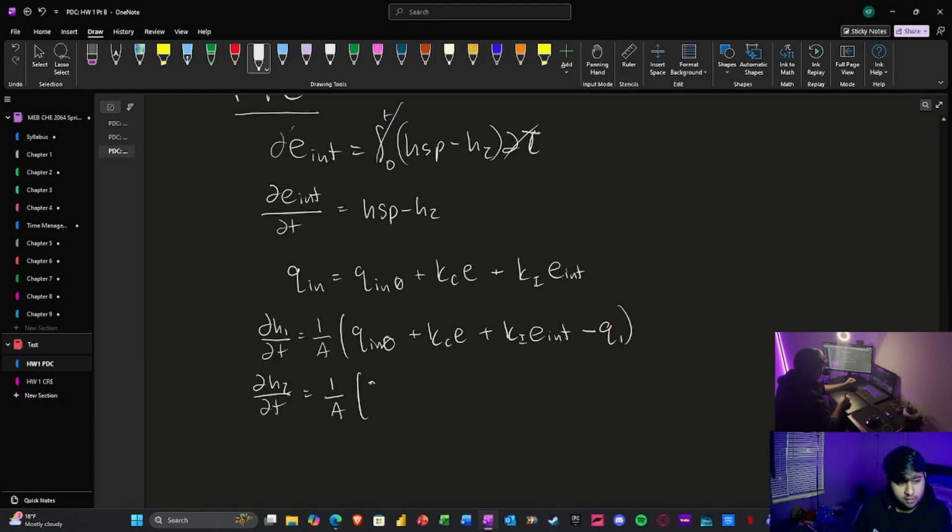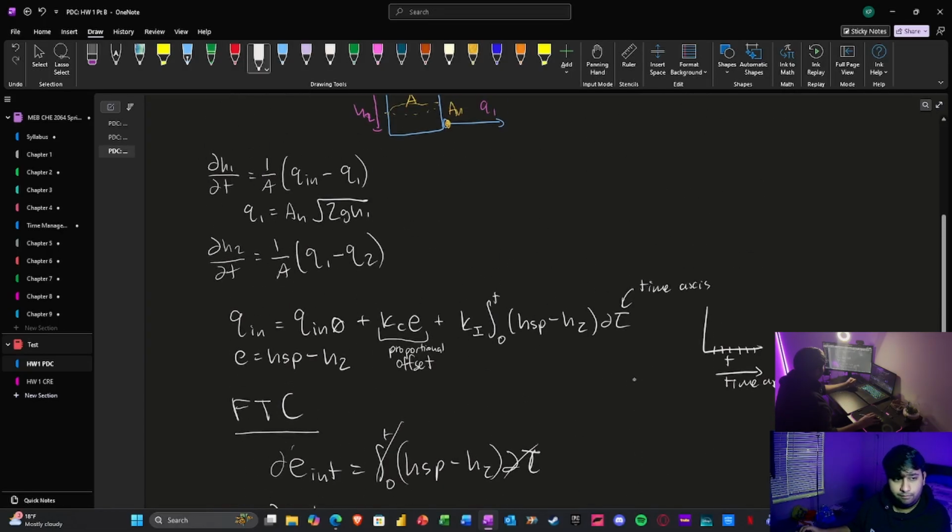So 1 over A, Q1 minus Q2. And again, Q1 and Q2 is essentially just the Ah times the square root of 2gh, and the h is going to be whatever corresponds to this variable. So this is going to be h2 right over here. And we're going to be using these equations in our Colab. So we'll see you at that stage.